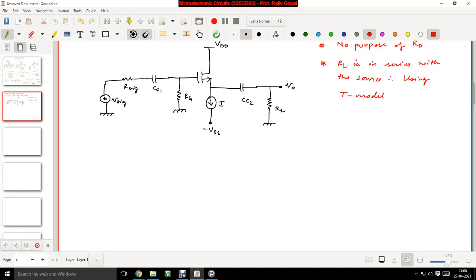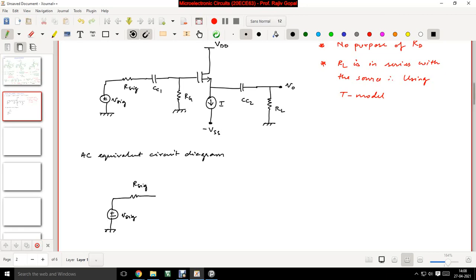So if I write the AC equivalent circuit diagram, I have V signal, plus minus, then I have R signal.